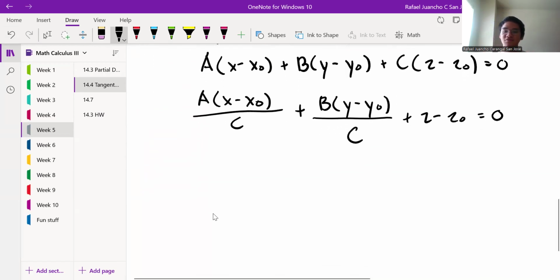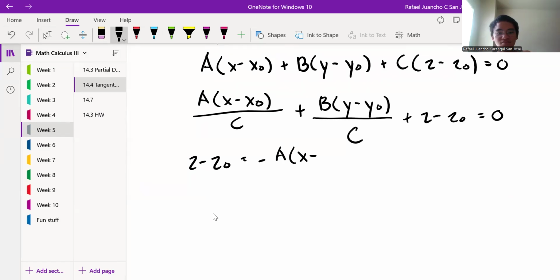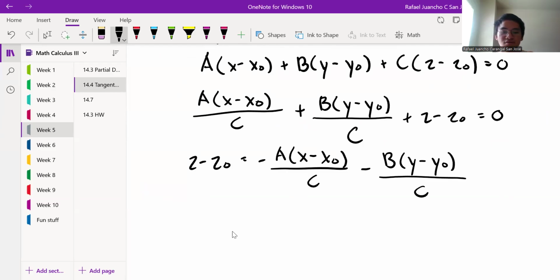And then from there, well, what's going to happen? Let me switch it around. I'm going to completely isolate this term here. So this is going to be z minus z naught, negative, minus this. Right?